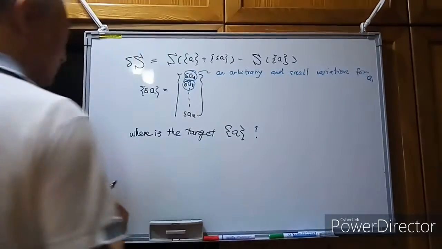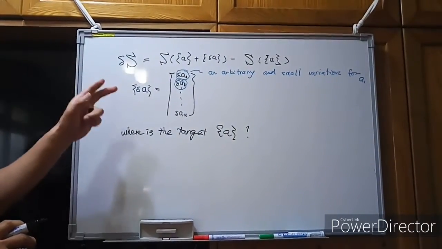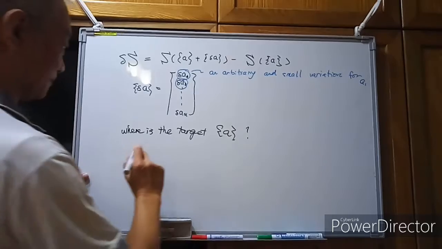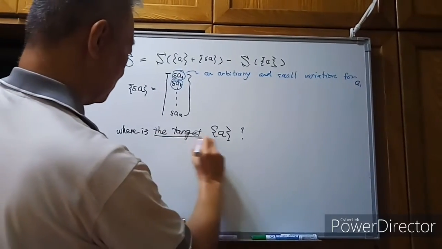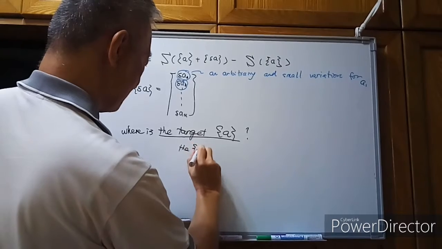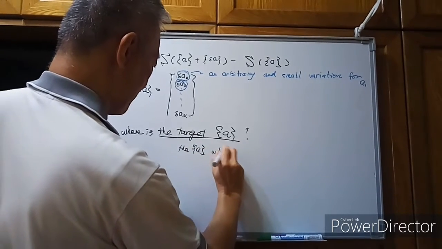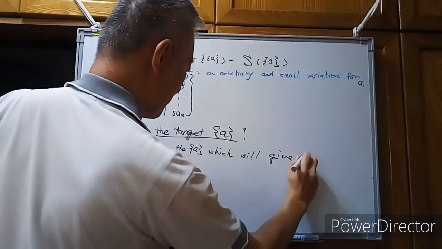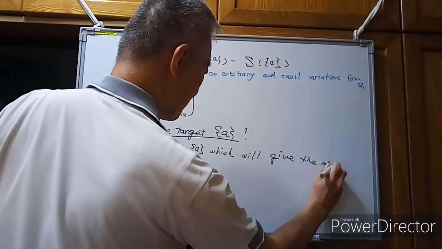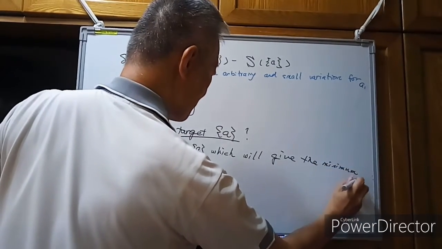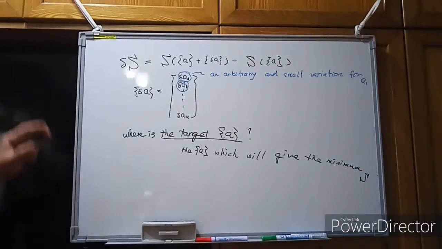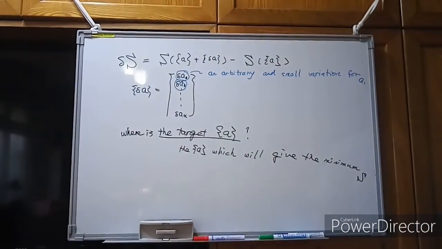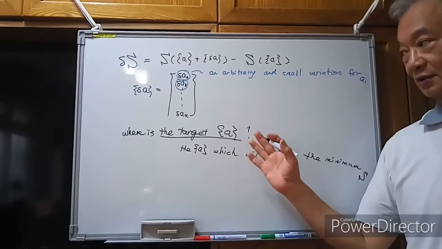Okay, so the A vector which will give you the minimum capital S. Our target is to find the A vector, and the vector will give you the minimum capital S. That's our target.